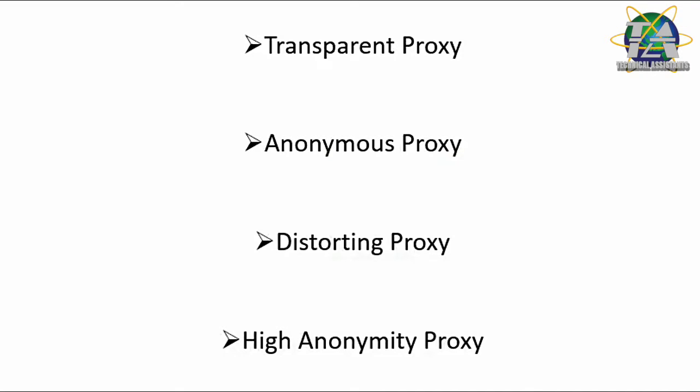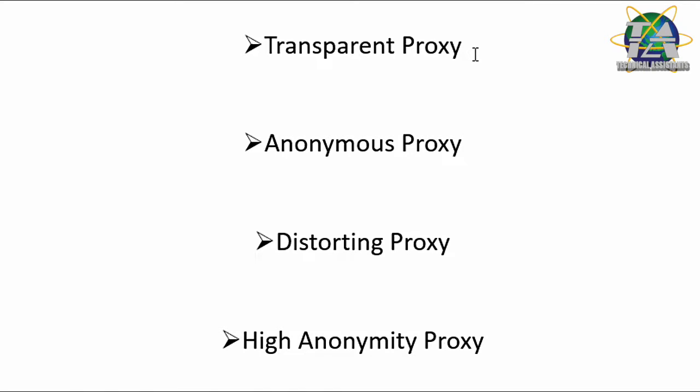Other than these two types of proxy server, there are also another 4 categories of proxy, which are transparent proxy, anonymous proxy, distorting proxy, and high anonymity proxy. Transparent proxy identifies itself as a proxy server and shows the IP address.